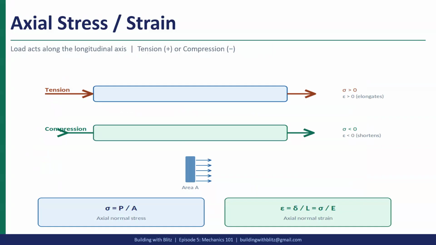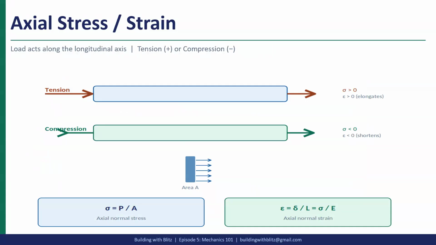So axial stress and strain is tension and compression. This is where you have a stress acting normal or perpendicular to its axis, or to its strong axis. Or any axis really, but think of it as like a normal force or normal stress is most of the time going to be tension or compression.